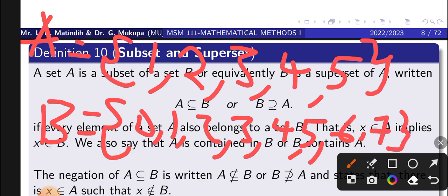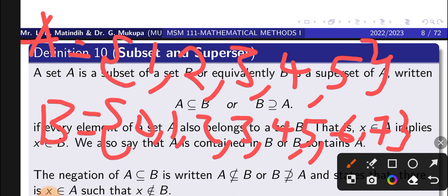So it doesn't necessarily mean that since all the elements in A are also found in B, all the elements in B should also be found in A. No, set B might contain more elements than set A, but as long as all the elements in A are also found in B, then A is a subset of B, even though B contains elements which are not found in A. So that's what it means.